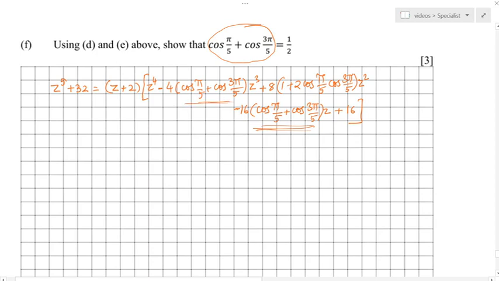So when I look here, on this side I only got one term, which is z to the power 5. When you have two complex numbers which are equal, then their real and imaginary parts have to be equal separately.